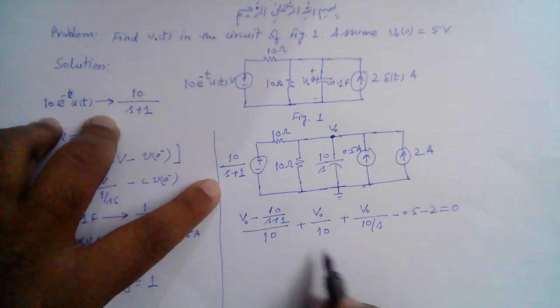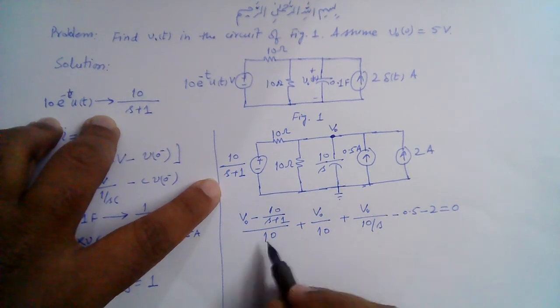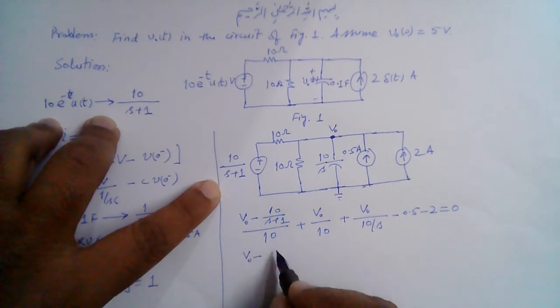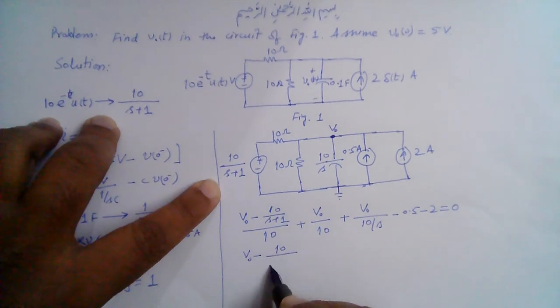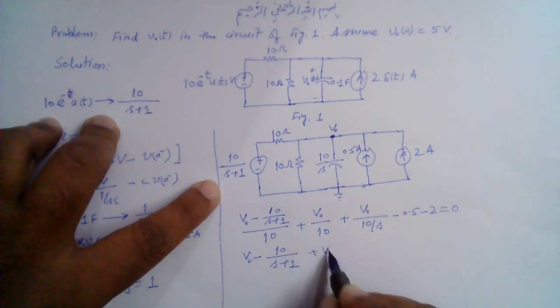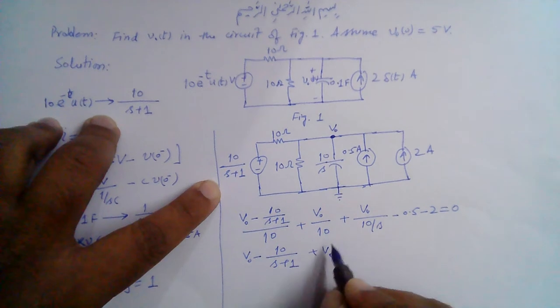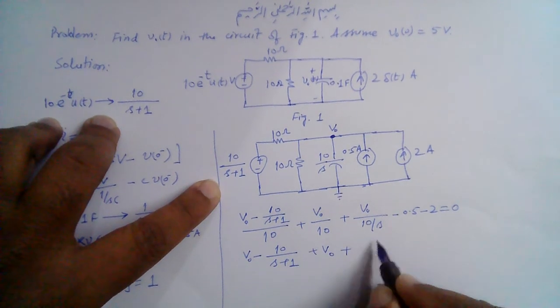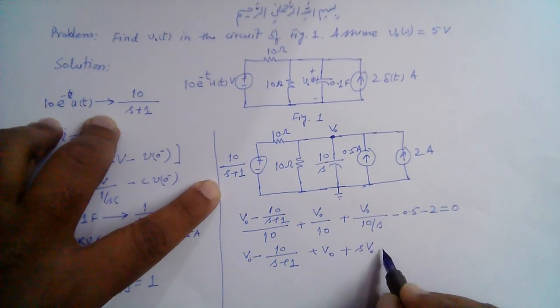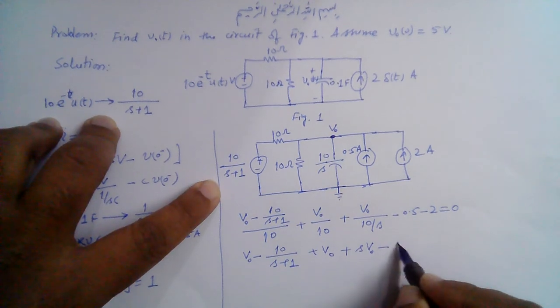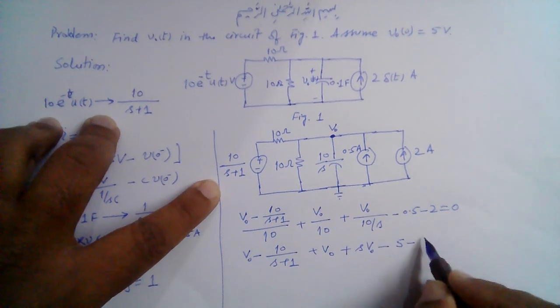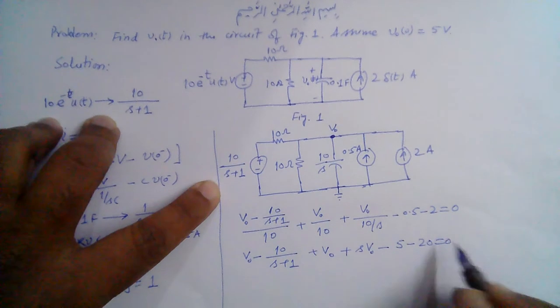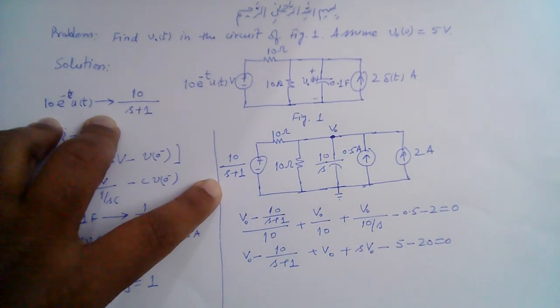So we can multiply throughout with 10. So this is V naught minus 10 over s plus 1, plus V naught, plus s V naught, minus 5 and minus 10 multiplied by 2, 20, is equal to 0, right?